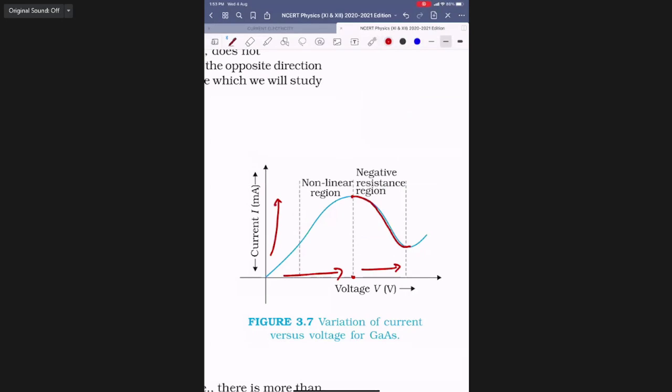Conventionally, we say negative resistance region. But there is no question of negative resistance in practical life. We can have resistance 0 for superconductors, but no question of negative resistance. Okay?